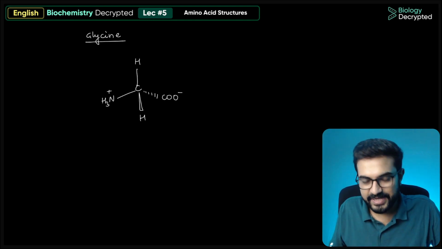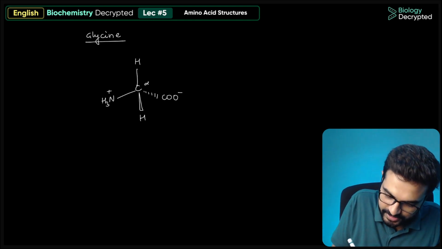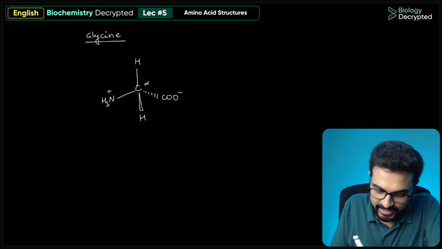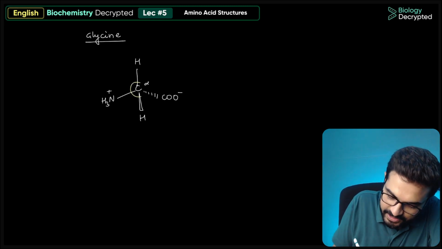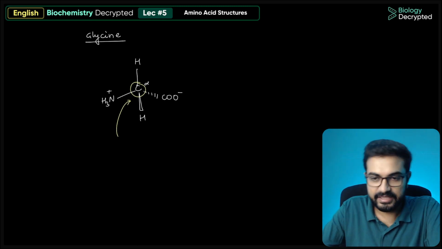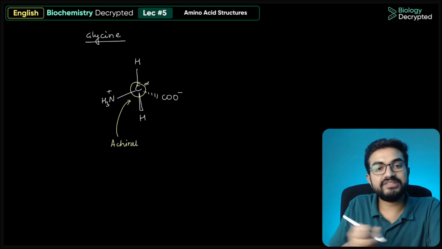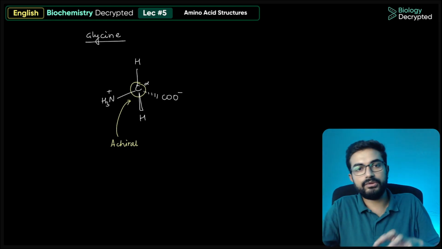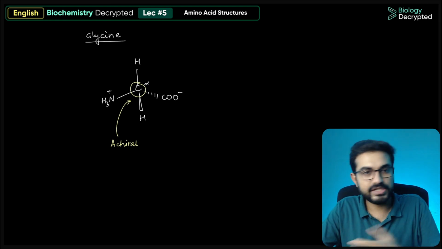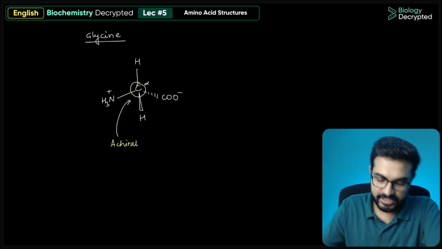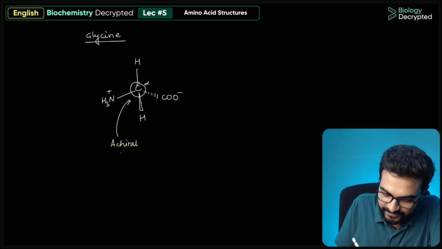This is the basic structure of glycine. There is this alpha carbon, and this particular carbon does not have four different groups, and therefore it is achiral. The whole glycine molecule itself is achiral in nature, and therefore it does not show any kind of optical activity.